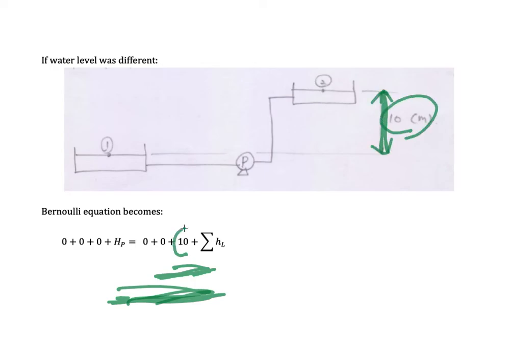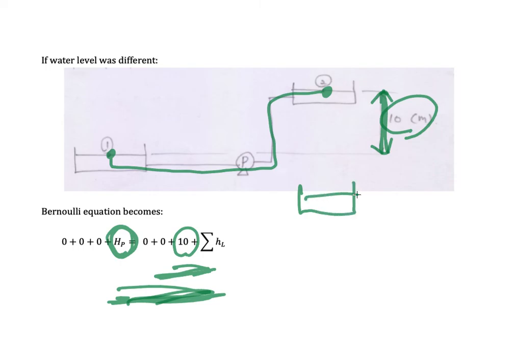You just add 10 here. The idea is simple: to make sure that water can be transferred from point number 1 to point number 2, you need extra energy. That's why you must make sure that the head of pump here is bigger compared to the previous system, where the elevation of water is 0.